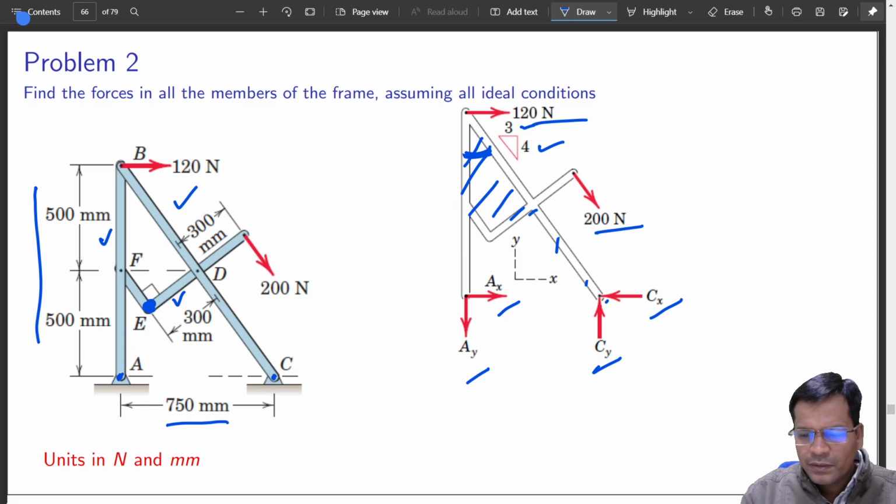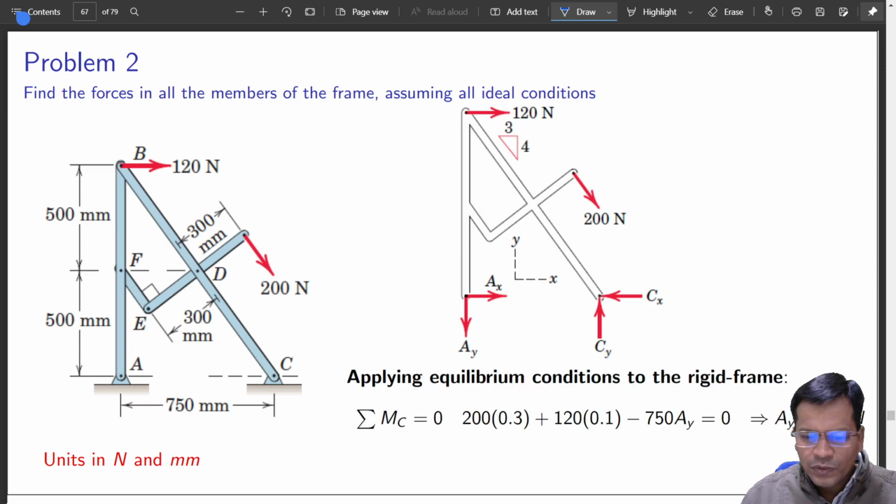Now applying the equilibrium condition at C, you can use even A, don't ask me that now, but I have used this. In any case, just two of them will go off. If I have taken moments about C, the C forces will go off.